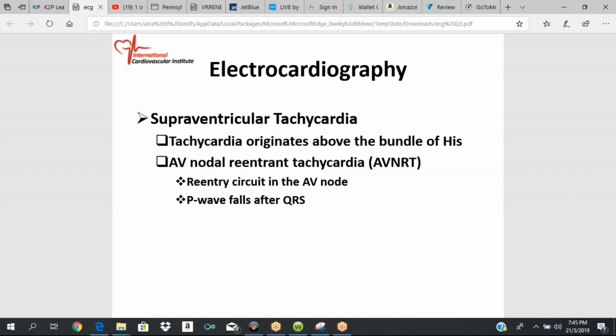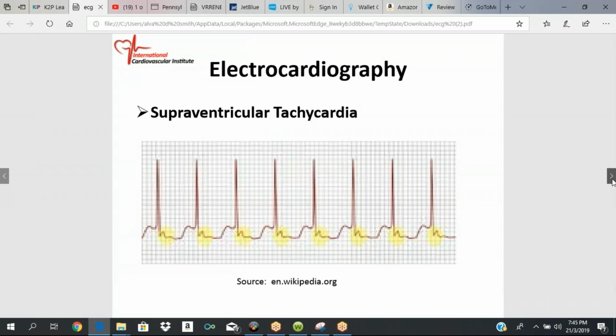I'm not gonna burden you with the classic mechanism. We're not gonna burden you with that, but basically when you look at AVNRT, the classic type, you see that there's a P wave just after the QRS, or sometimes the P wave is buried in the QRS.